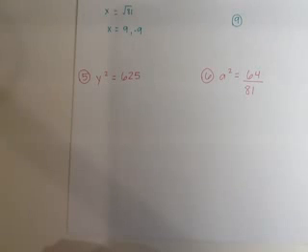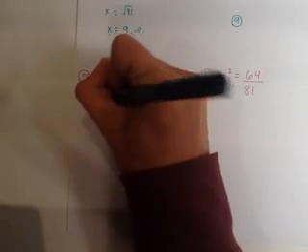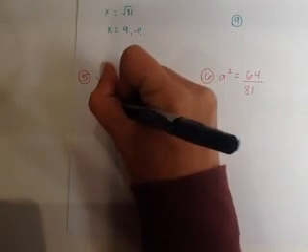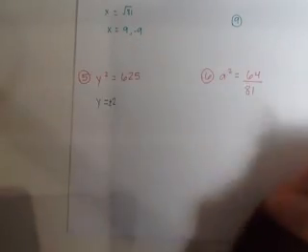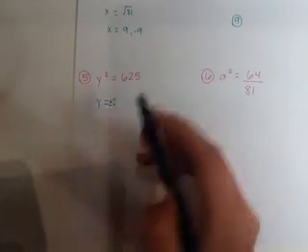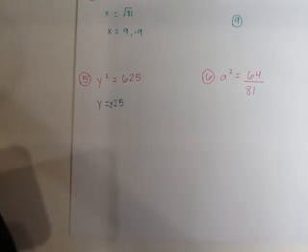So I would take the square root of 625, which is 25. And y, because it's an equation, will equal plus or minus 25. So it has 2 answers.